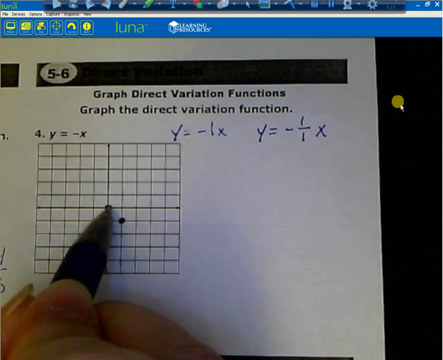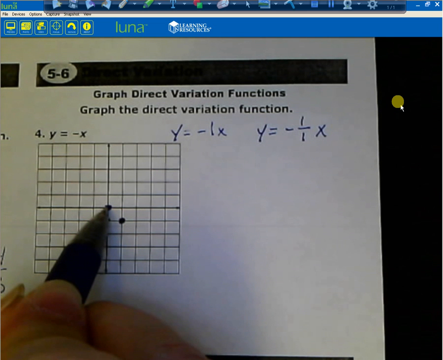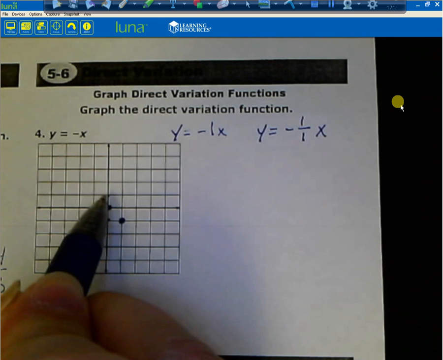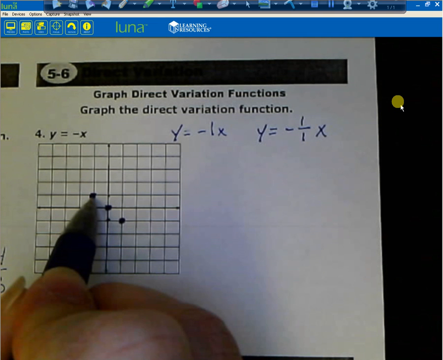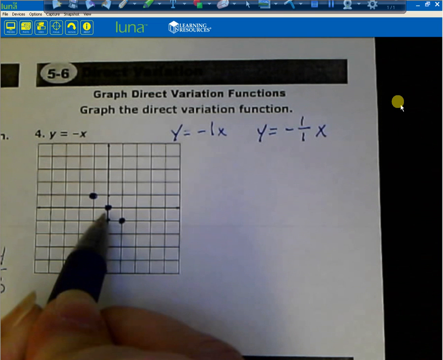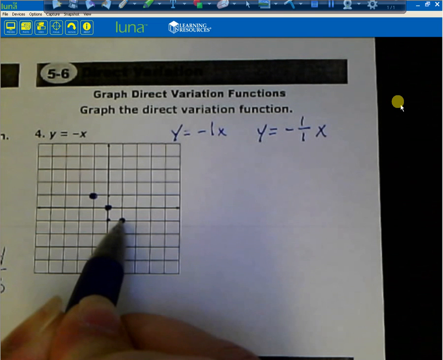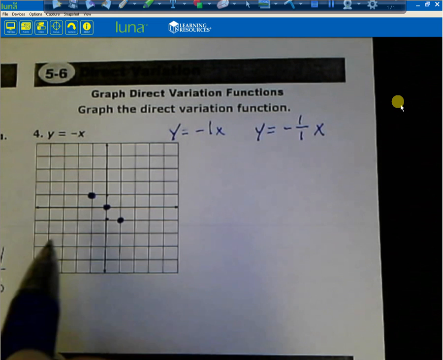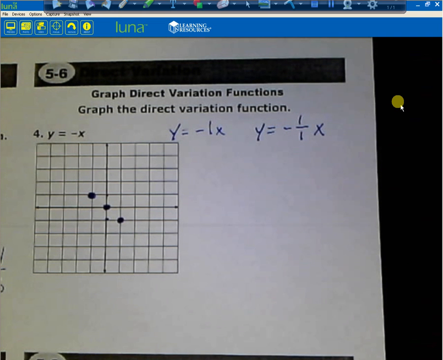I'm going to come back to my 0, and I'm going to do the opposite. I'm going to go up 1 and back 1. So my slope is positive 1 over negative 1, or negative 1 over positive 1. And so I've made those 2 points here, and now I'm going to draw a line to connect the dots.